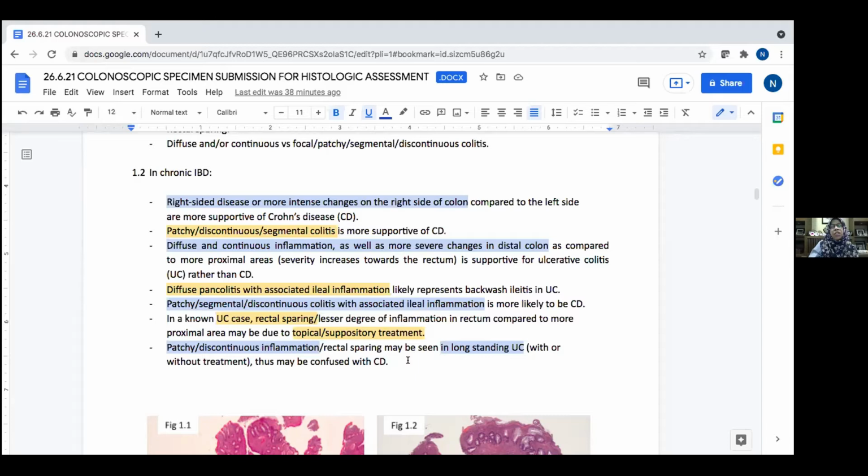Because I've come across one case many years back, a patient who presented with a small bowel carcinoma for the first time, had a small bowel resection for the cancer, and the background mucosa showed changes of classical Crohn's disease.